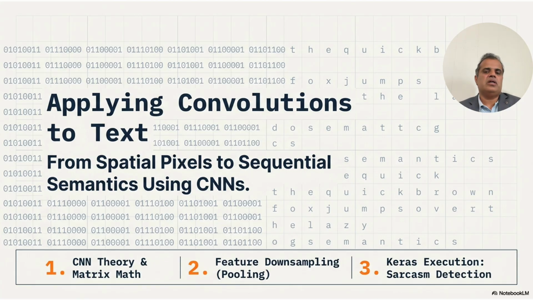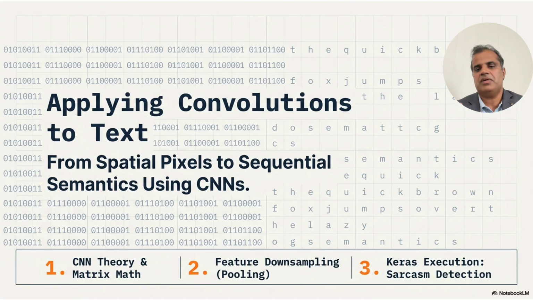Today we are going to learn how to pivot that exact same technology to understand natural language. We will look at how a neural network can treat a sequence of words just like an image grid, mapping out spatial patterns to find deeper meaning.